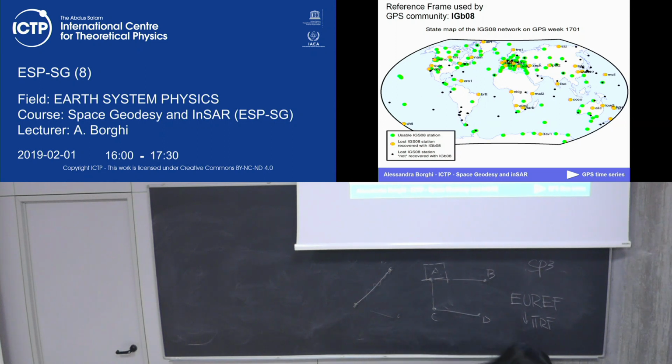This probably now is better. Instead of S, they put B to say that it was like the IGS08 solution, but they removed some stations, so they introduced a new reference frame. It's not a good example.